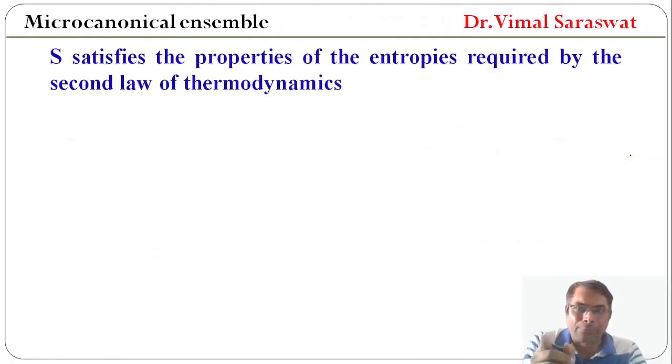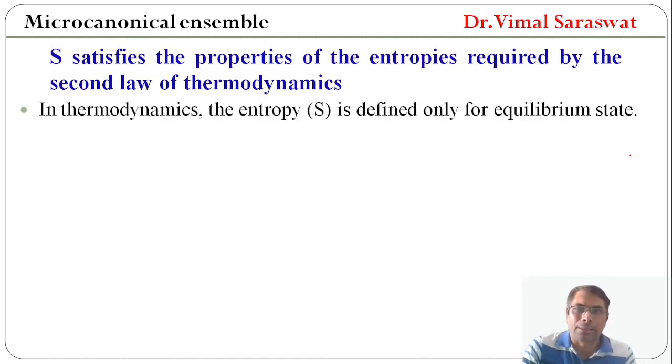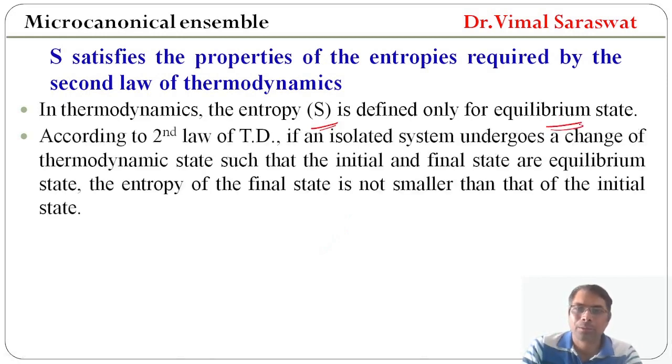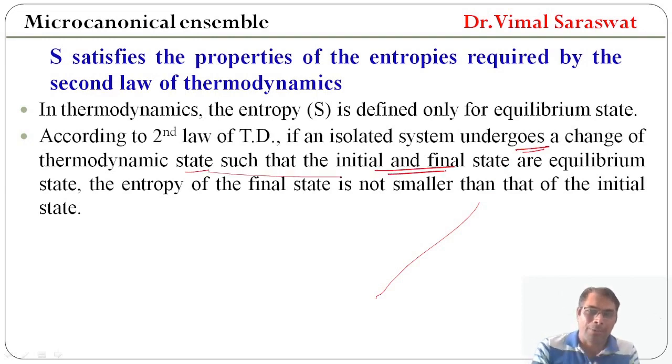Now, S satisfies the property of the entropy required by the second law of thermodynamics. We prove this condition. In thermodynamics, the entropy is defined only for equilibrium states, and according to the second law of thermodynamics, if an isolated system undergoes a change of thermodynamic state such that the initial and final states are equilibrium states, then the entropy of the final state is always not smaller than that of the initial state.